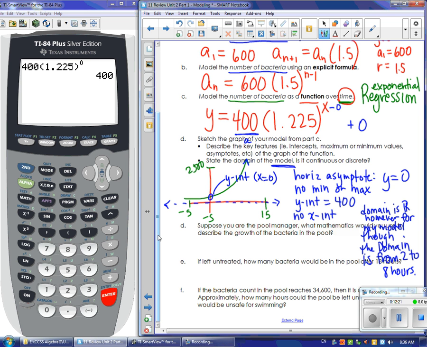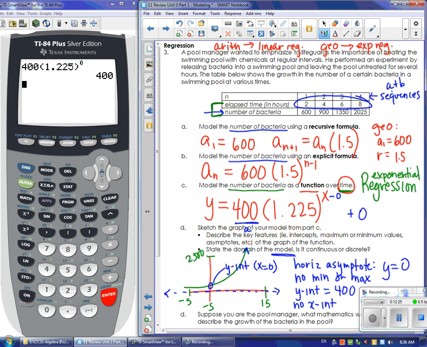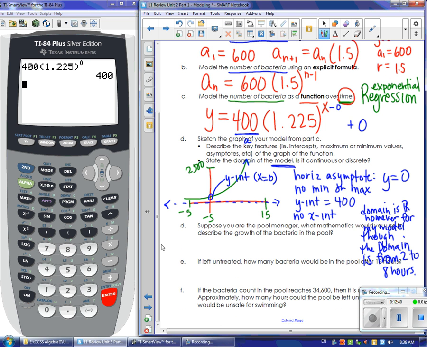Even though it's a perfect model, because I don't have data beyond 8 hours, I don't really know what happens to the number of bacteria after that. I can certainly mathematically use the equation and solve and answer some questions, but I'm not going to be really confident of my model beyond 8 hours. So when it asks about the domain of your model, you want to make sure that you specify that the model itself really is only good from 2 to 8 hours.